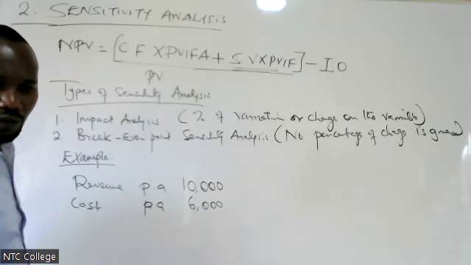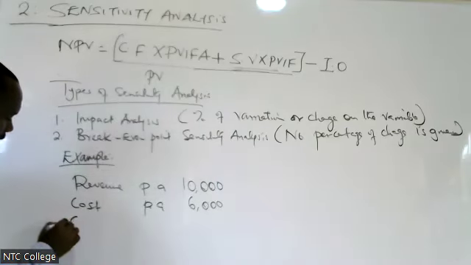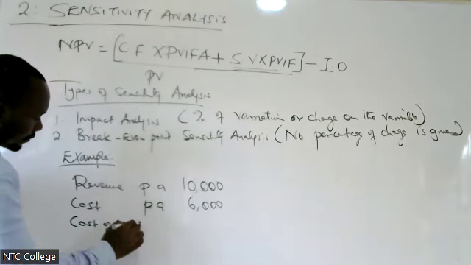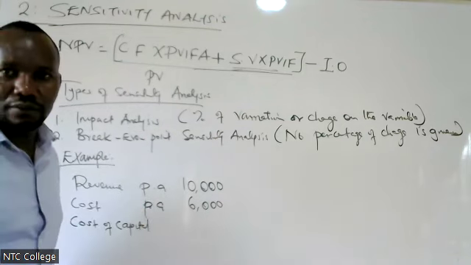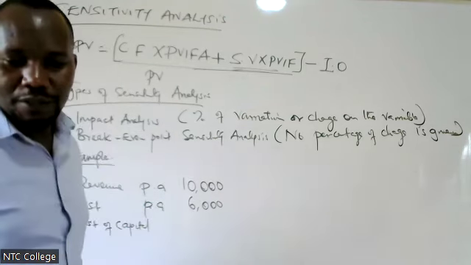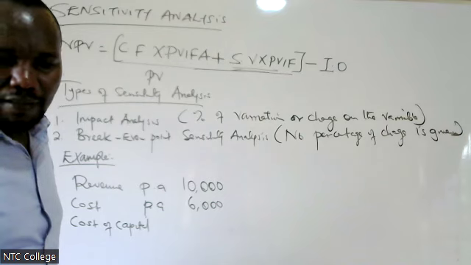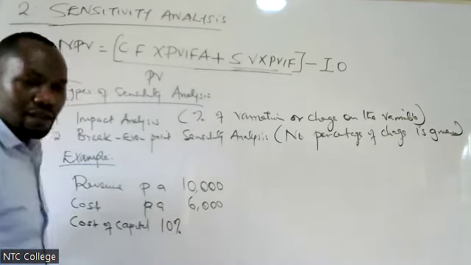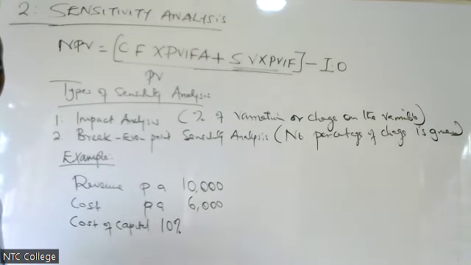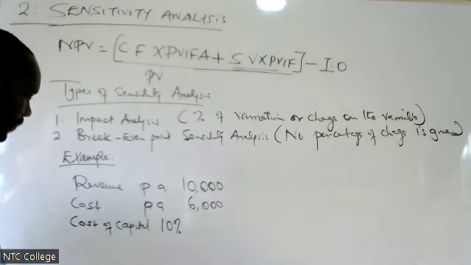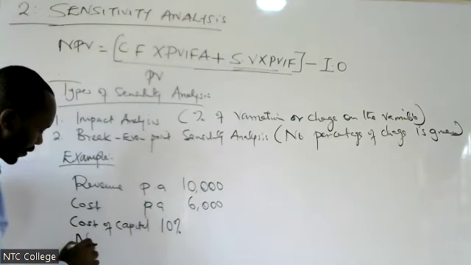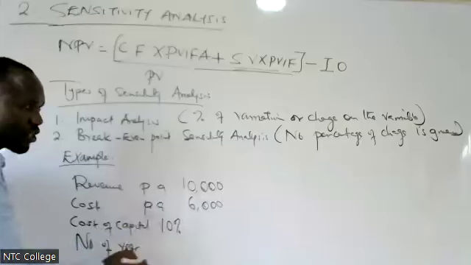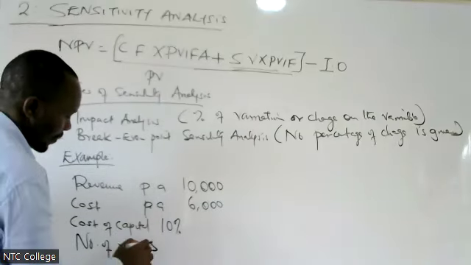We have the cost of capital, given as 10%. And then we have the number of years, these are the years that you keep on generating income.